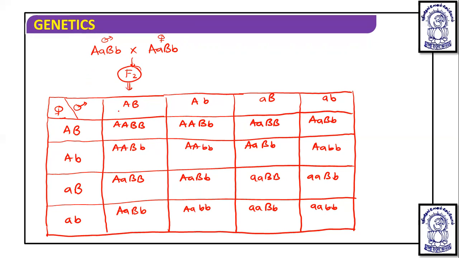Now, if we write the phenotype of these, if any one is dominant, either capital A is dominant or capital B is dominant, and the other is recessive, then when capital A is dominant and B is recessive, that is going to be albino.